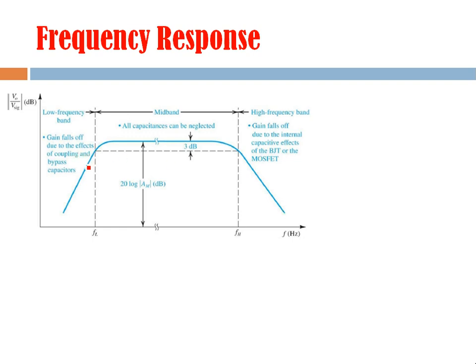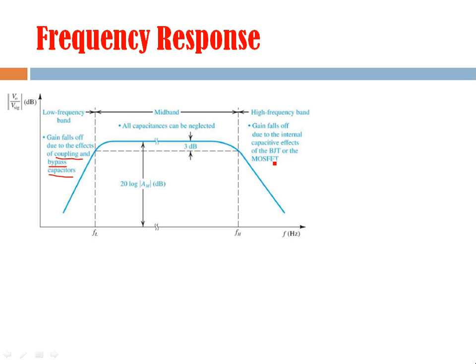For example, at lower frequency, the capacitive effect is because of the coupling capacitors and bypass capacitors which are present in the circuit, right? These capacitive components are external to the device. They are part of the circuit, but they are not within the device.